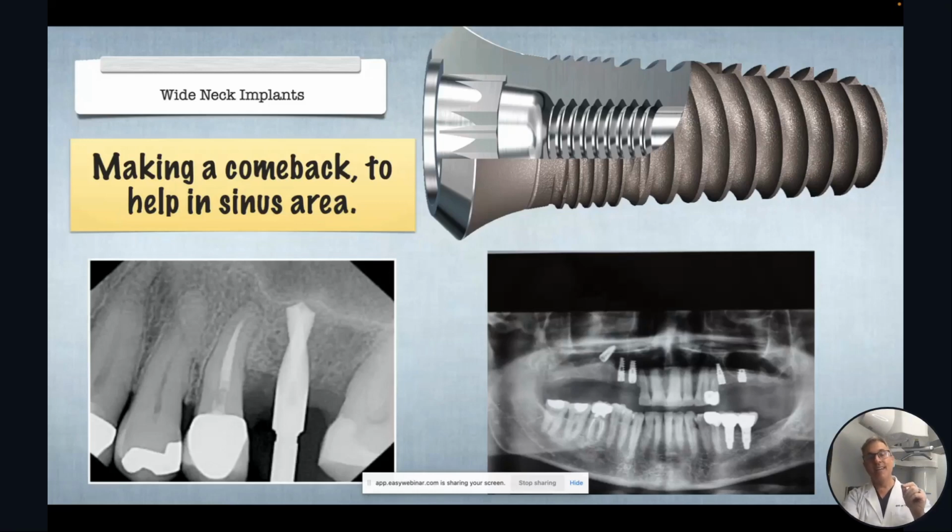And there's a tendency, even with our internal sinus lifts, to accidentally perf the sinus floor. Now, I've been here. This is not my case, but I have lost an implant up in the sinus and got it out by doing a sinus lift. But by using a tissue-level implant in this region, even if the bone is spongy, that transmucosal portion is wider than the body of the implant and will keep you from going back in there.